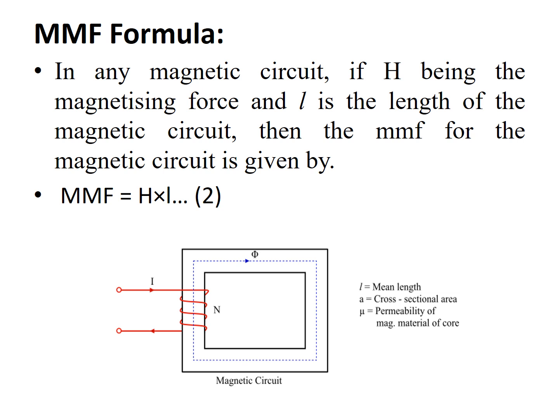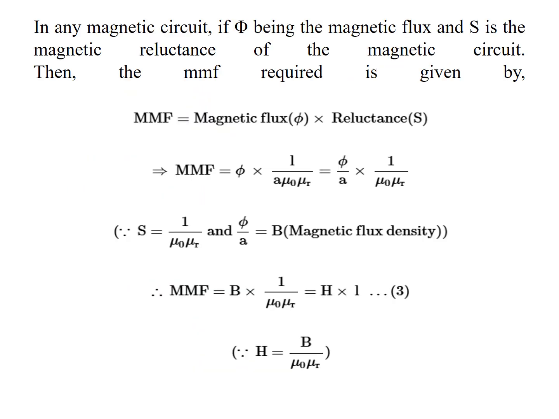In any magnetic circuit, if H is the magnetizing force and L is the length of the magnetic circuit, then the magnetomotive force is given by MMF equals H into L. If phi is the magnetic flux and S is the reluctance of the magnetic circuit, then the magnetomotive force required is MMF equals magnetic flux into reluctance.